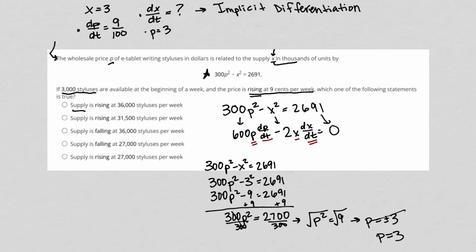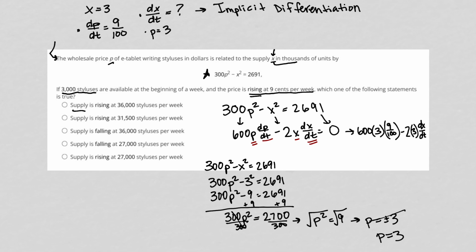Okay, so I'm just going to add that to my list of things that I have here. And now I can start plugging things in from this stage. So I have 600 times p, which is 3, times dP dt, which is 9 over 100, minus 2 times x, which is 3, times dx dt, and that's all equal to 0.